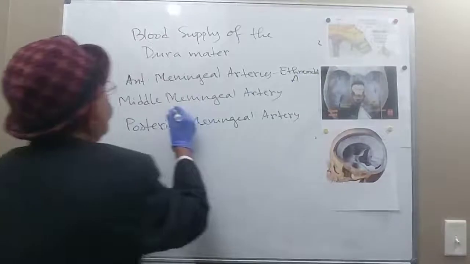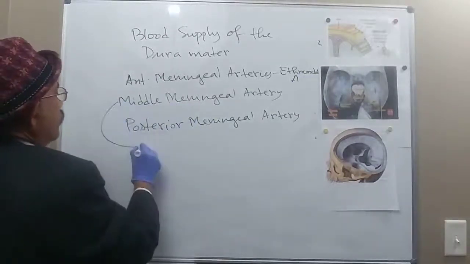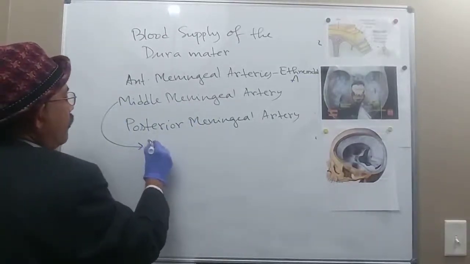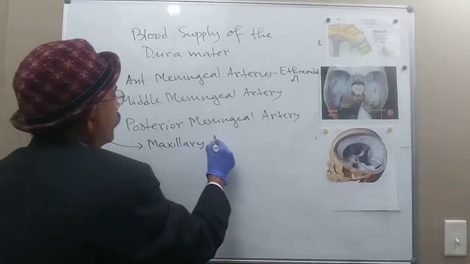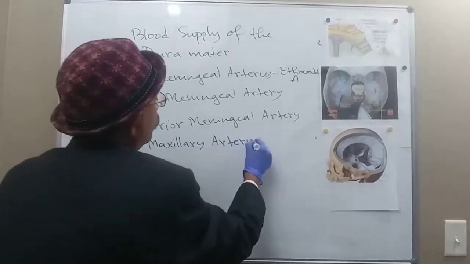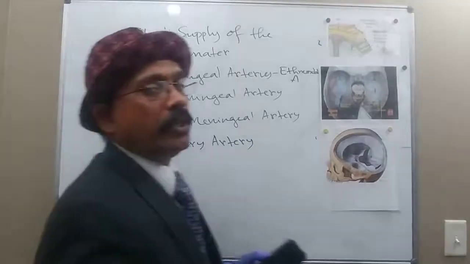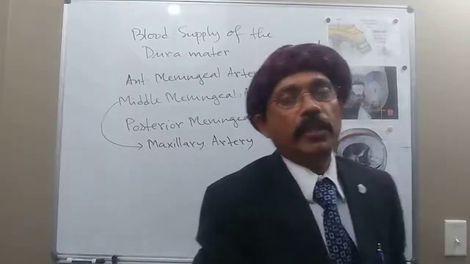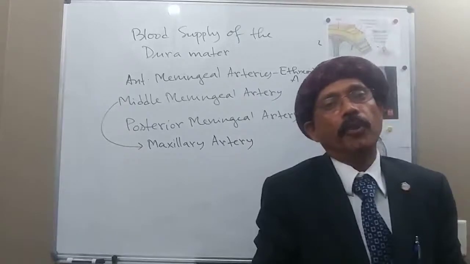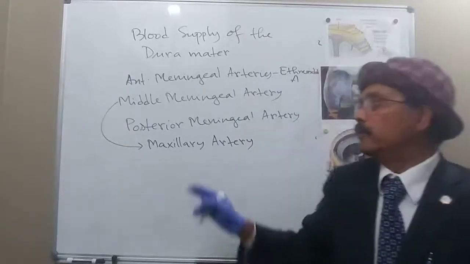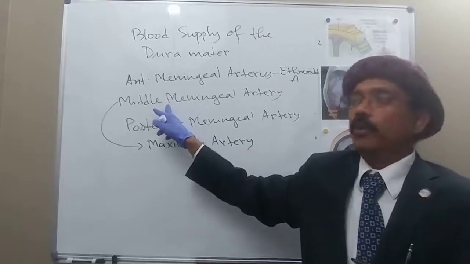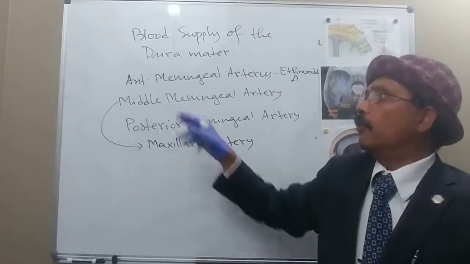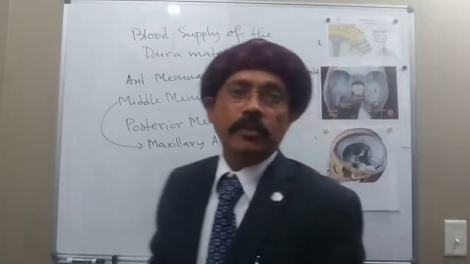And how does it enter the cranial cavity? The middle meningeal artery enters the cranial cavity through the foramen spinosum. It is the largest of all the meningeal arteries.